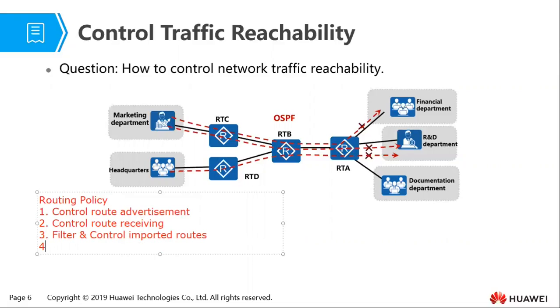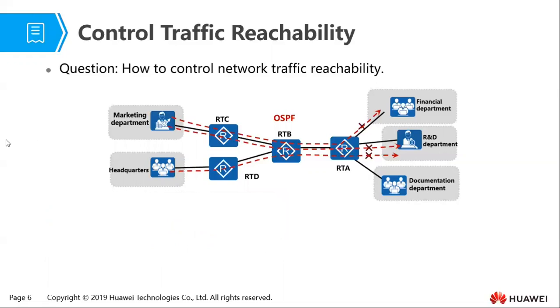And you can also actually set route attributes, so that you can affect, for example, reachability. So remember, we looked at BGP attributes. So those are some of the things that we are going to learn about: how to control advertisement, how to control route receiving, to filter and also control imported routes in this particular scenario. So let's look at that.